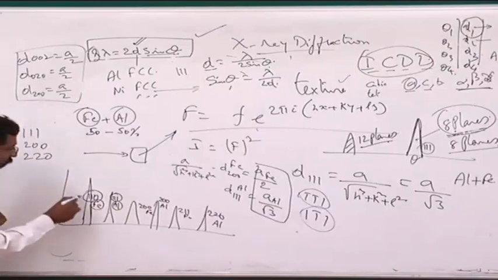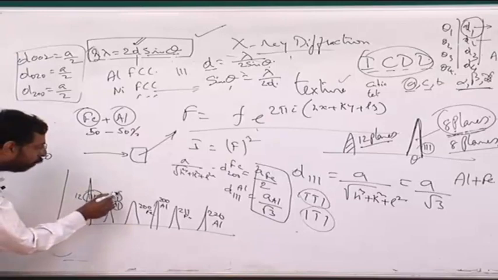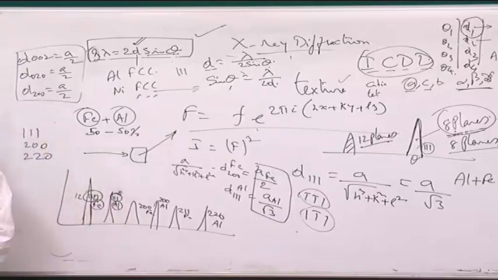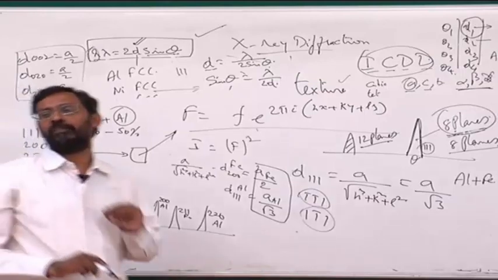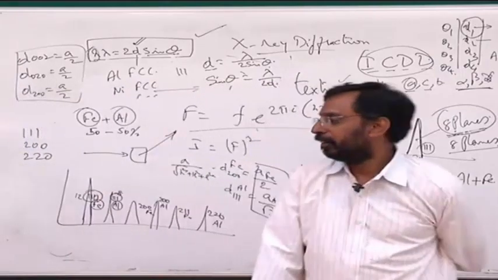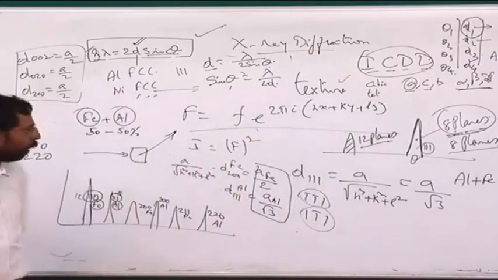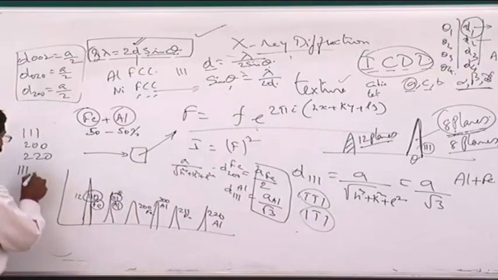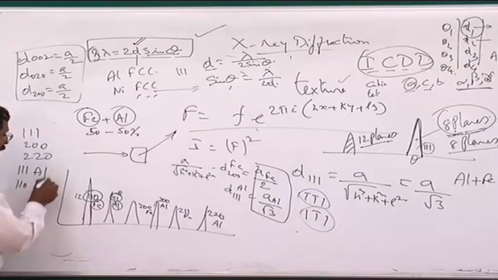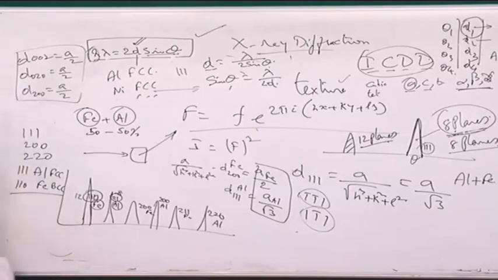Why? Because this has 12 planes giving you the diffraction. Here there are only 8 planes giving the diffraction. But it is not so straightforward. If I look at the 111 plane of aluminum and the 110 plane of iron, this is FCC and this is BCC, the packing density of the plane is different.